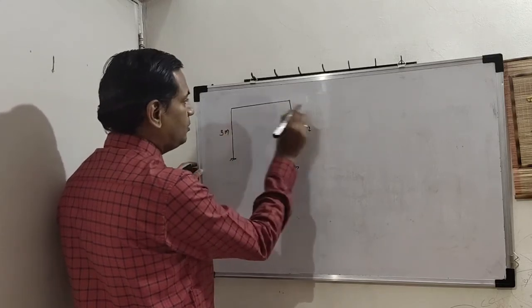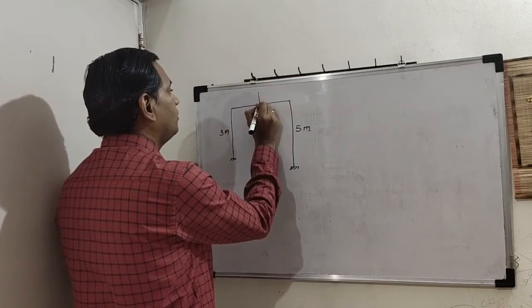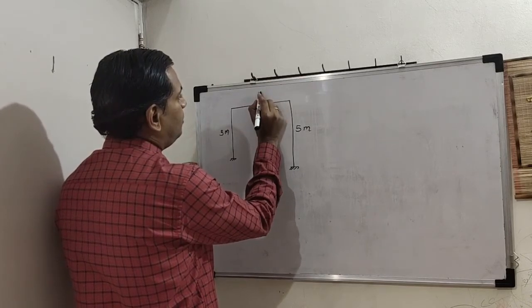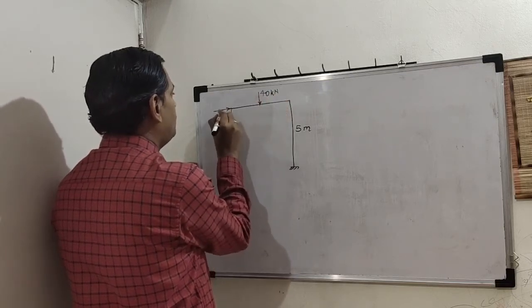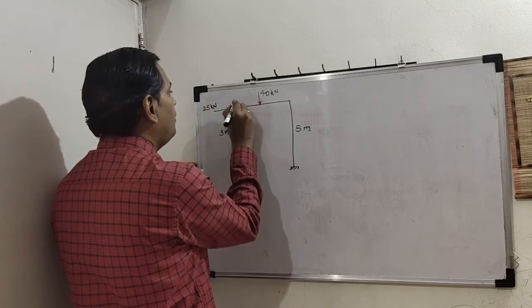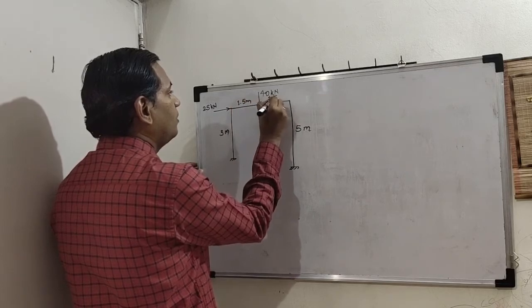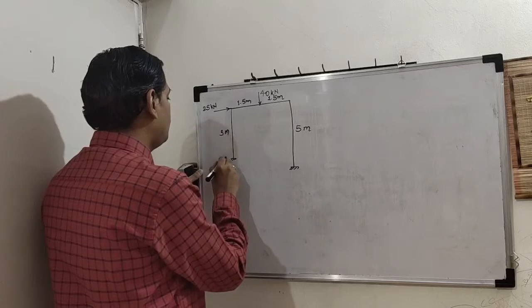This span, we shall say is 3 meter, and this load is let us say 40 kilonewton, and this is 25. It is centrally loaded, so 1.5 meter on each side. MP is same throughout. Okay.